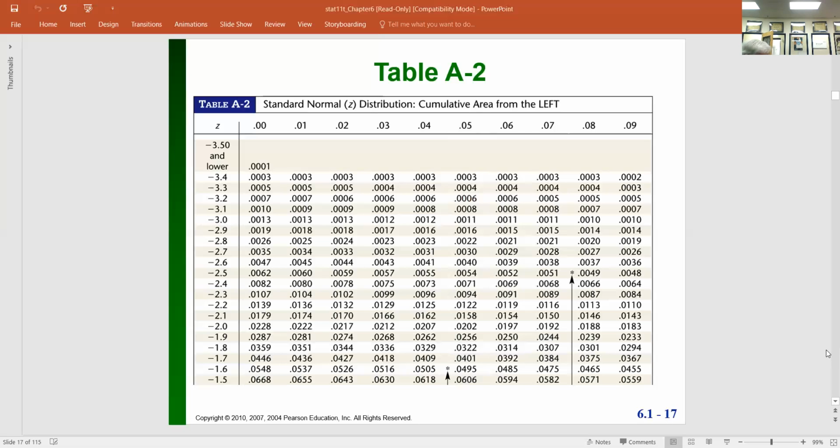And note that the difference between 0.0367 and 0.05 is going to be 0.0133. So now we're going to divide 0.0133 by 0.0181.